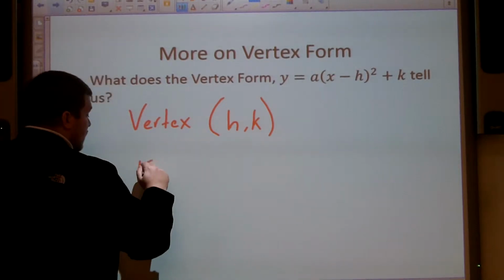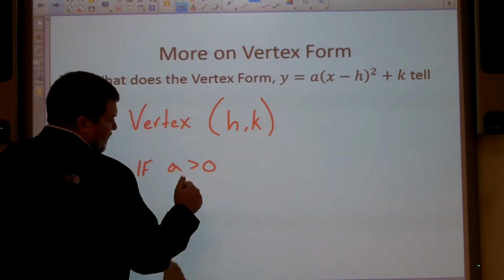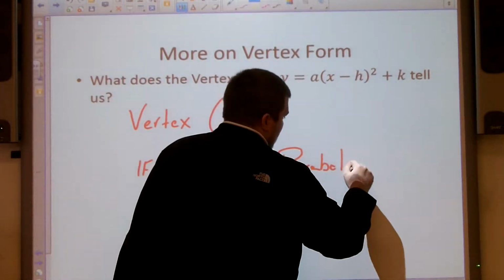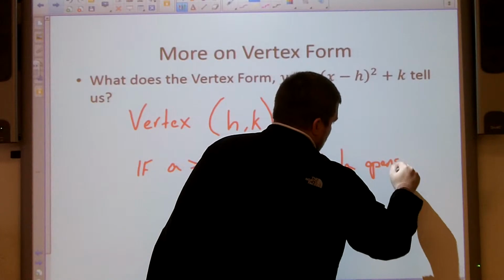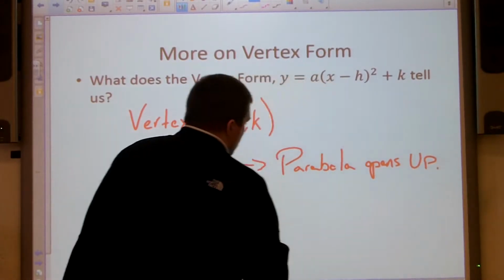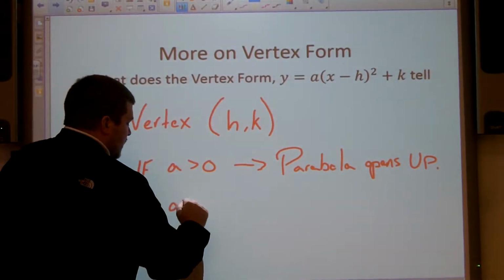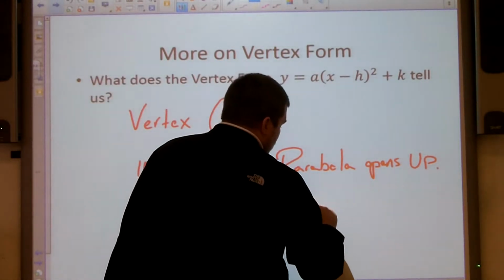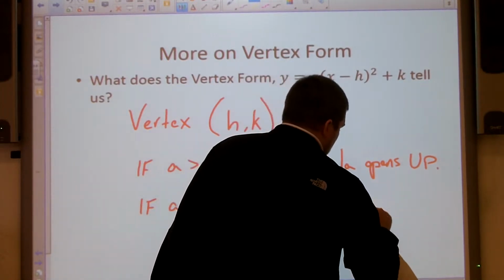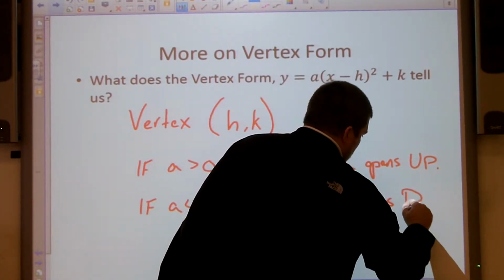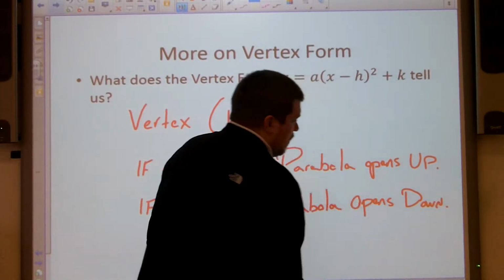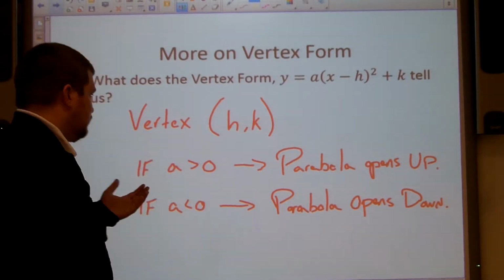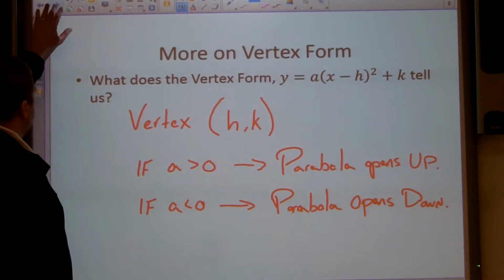So if a is positive, that means the parabola opens up. And then if a is negative, then the parabola opens down. Okay? So the vertex form is nice if you're just given the vertex and that's it. Okay? So you need to know that form.